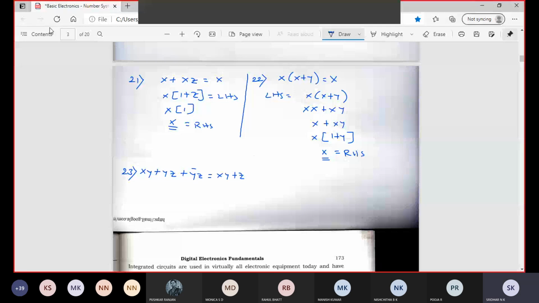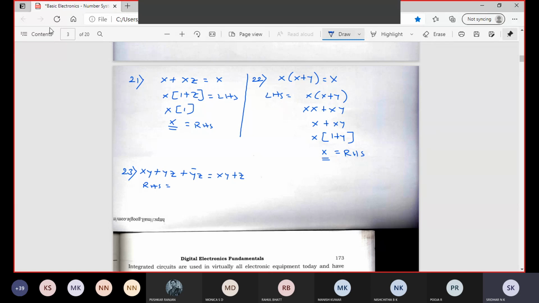So how can we solve this? Take RHS. Even if you go wrong, try, I'll correct you people. Upon trying only, you will get familiar with this kind of Boolean equations.